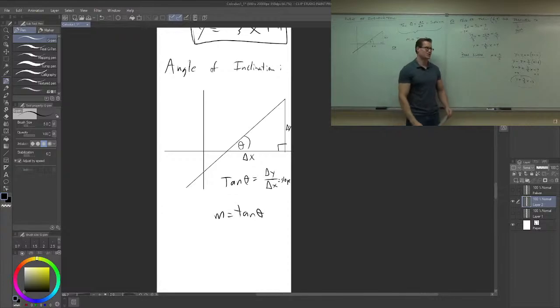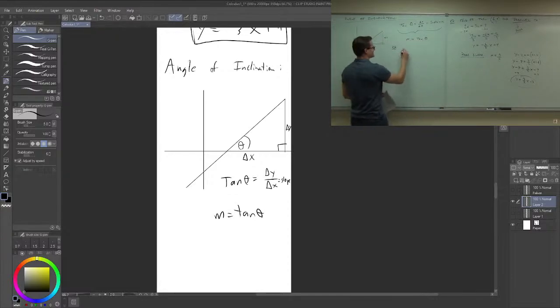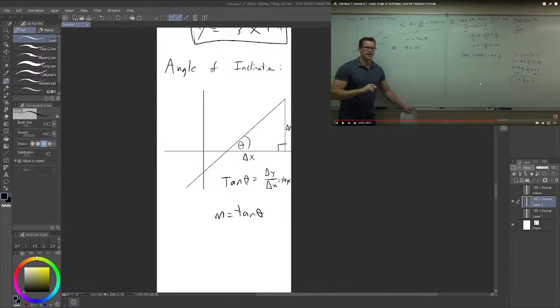Bring it on. Let's say that your angle is 30 degrees. Someone quickly, 30 degrees as radians is what? Oh, it's pi over 6 or something. I don't know.